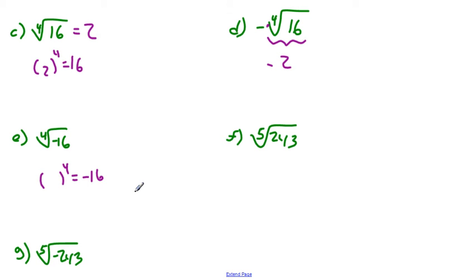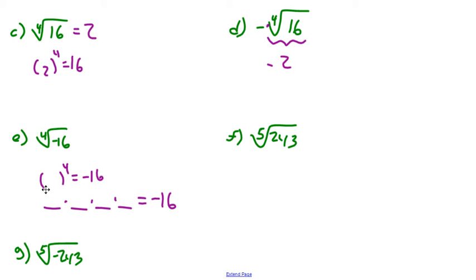Now watch this nerdiness. It gets a little bit nerdy here, but I need you to understand this. So we need to multiply something times something times something times something, and it needs to give us a negative 16, right? That's what this means. Something to the power of 4. That means I multiply my same number 4 times and get negative 16.